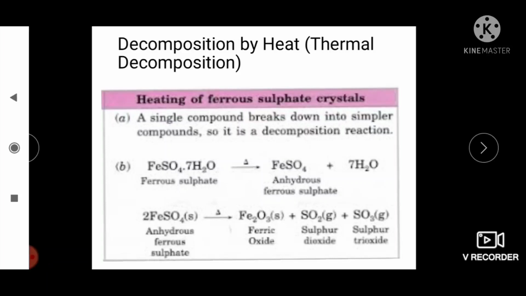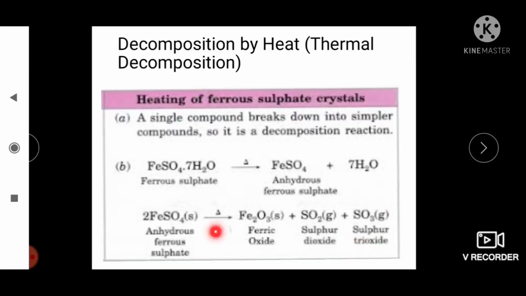Upon further heating, the white dirty residue, anhydrous ferrous sulfate, gives a brown residue of ferric oxide. Along with this, two gases with a pungent and suffocating smell will be released. The two gases are SO2, sulfur dioxide, and SO3, sulfur trioxide.